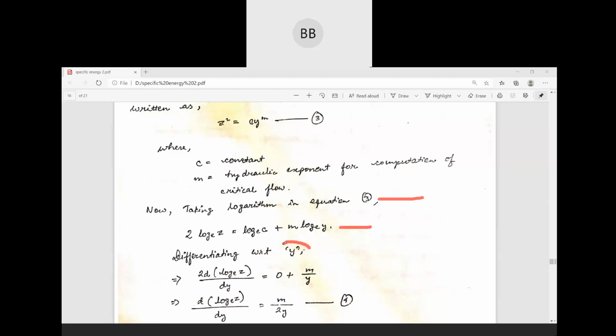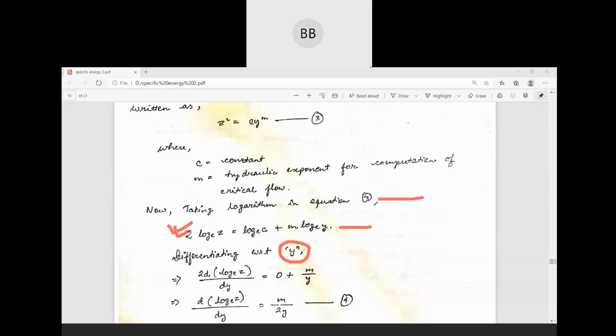Then we are going to differentiate the above equation with respect to y. If we differentiate twice log e Z with respect to y, d by dy of log e Z. If we differentiate a constant, log e C is a constant, it is 0.